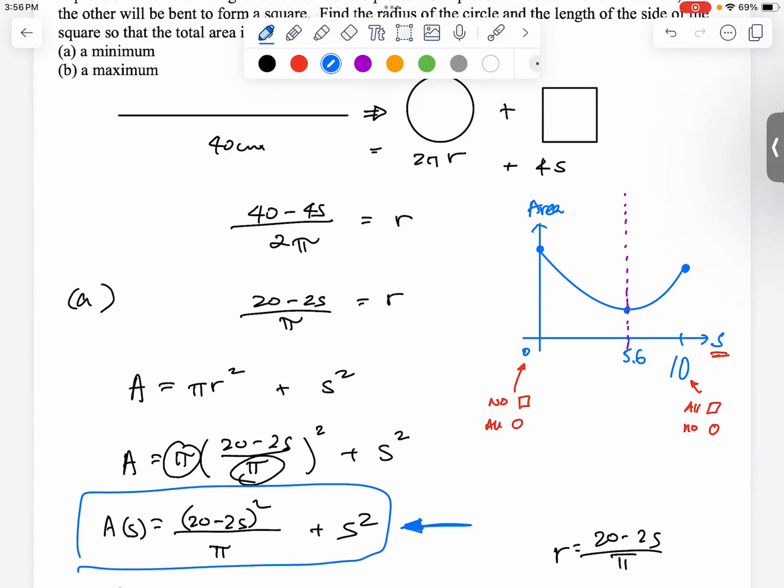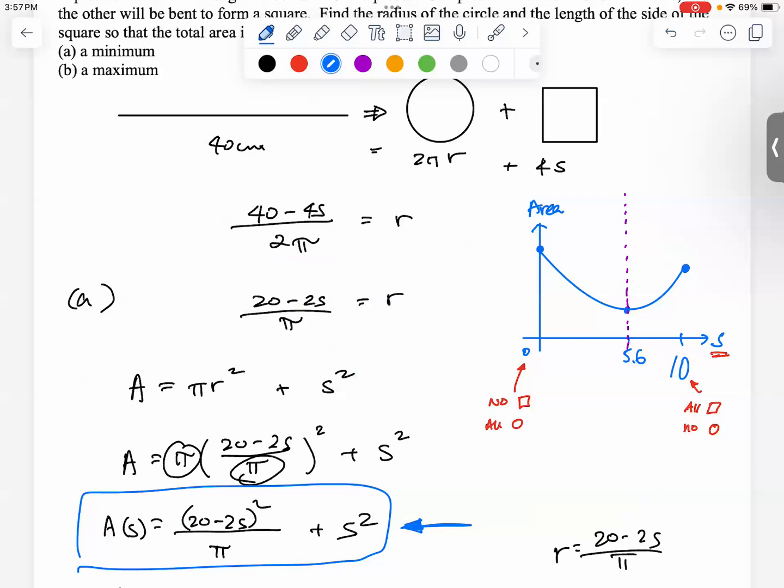Now, for your horizontal axis, it is okay to use r instead of s. However, your effective domain could be a lot uglier if you use radius. So that's why I use the side length of a square for the horizontal axis, because I can say, oh, it's going to be from 0 to 10 instead of some ugly decimal numbers for the radius.